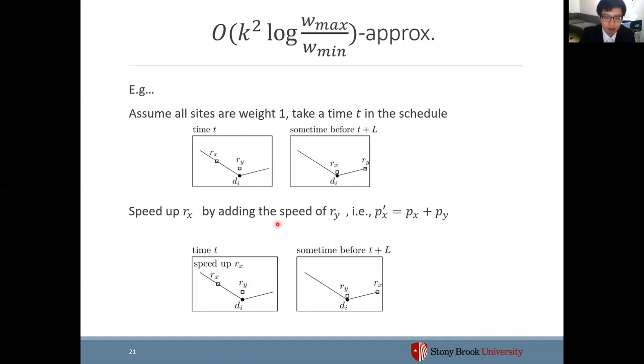So by speeding up Rx, we can make it this way. Rx will go from here to here at the same time, and Ry will stay on di. And if you have the next robot come to di, you do the same thing. You speed up and pass by di and make Ry stay on di forever.